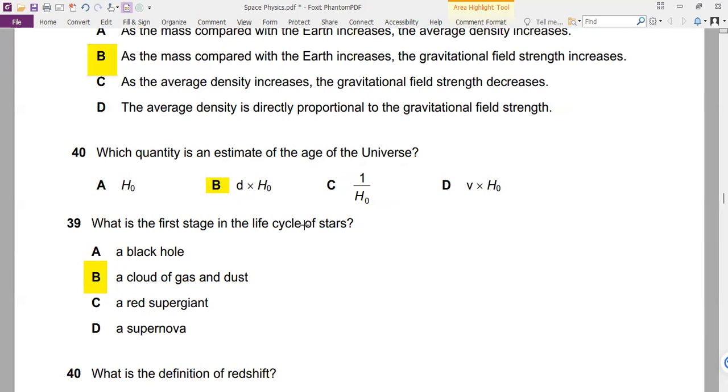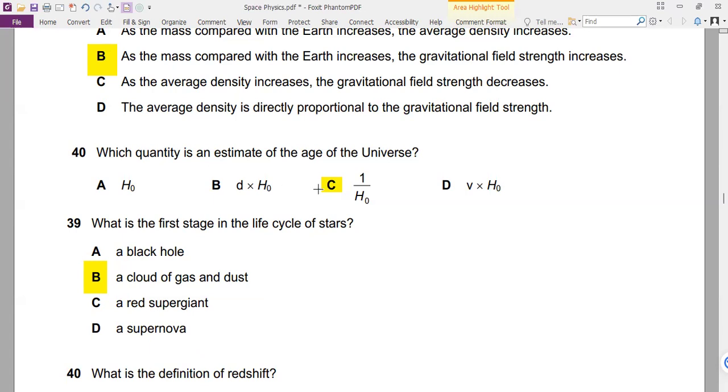Which quantity is an estimate of the age of the universe? We use this to calculate this. This is the formula, because this one is used to calculate the speed at which some galaxies are going away or expanding.